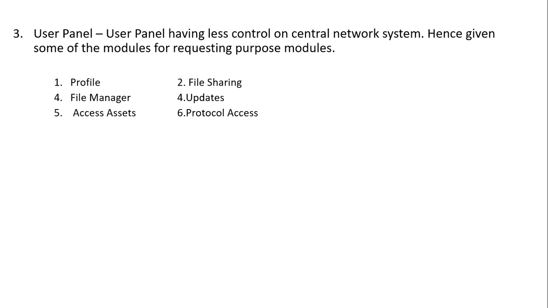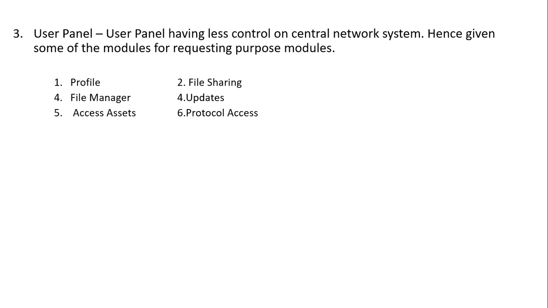The user panel has less access control on the central network system, hence some modules are given for request purposes: request profile, file sharing, file manager, updates, access assets, and protocol access. Profile: update their profiles. File sharing: internal file sharing. File manager: upload and download day-to-day work.